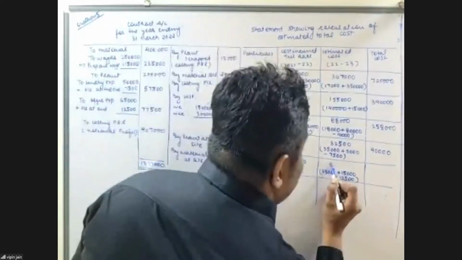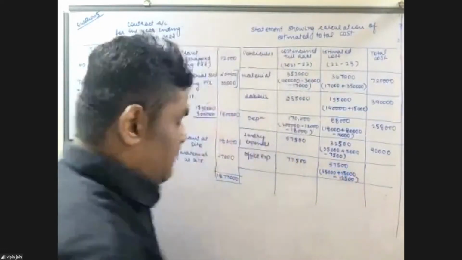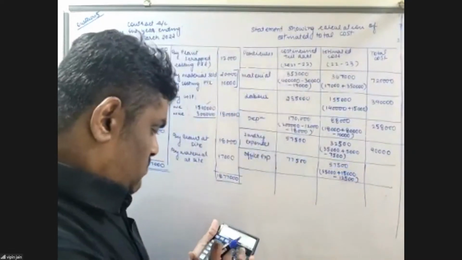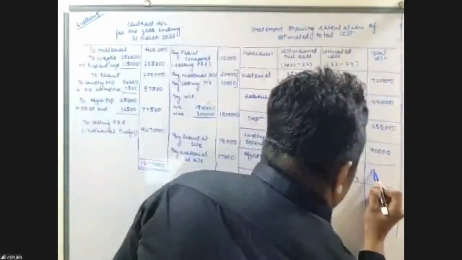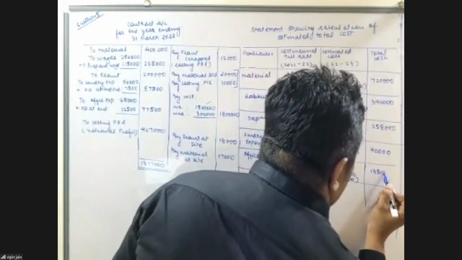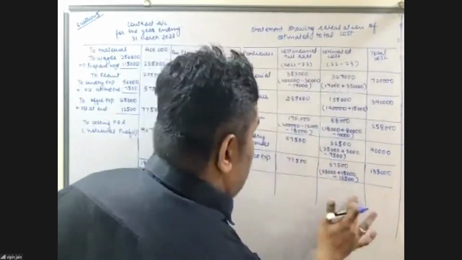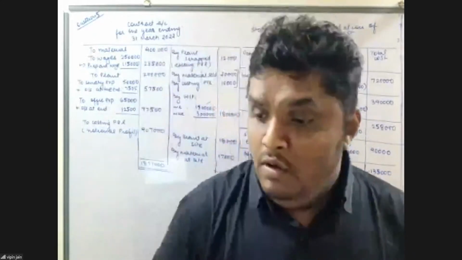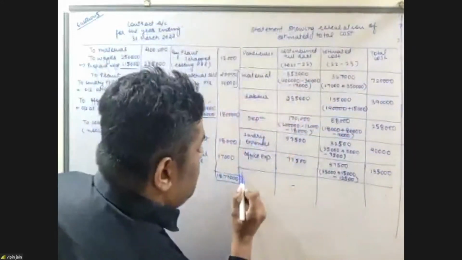So this will be 57,500. This will be 1,35,000. Further contingencies expenses are 1,25,000.